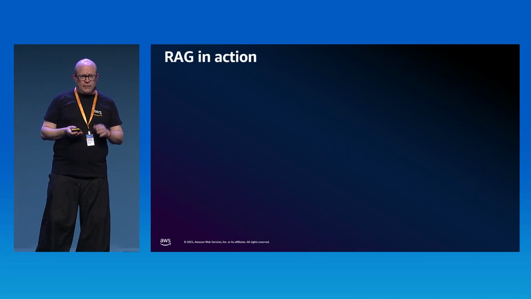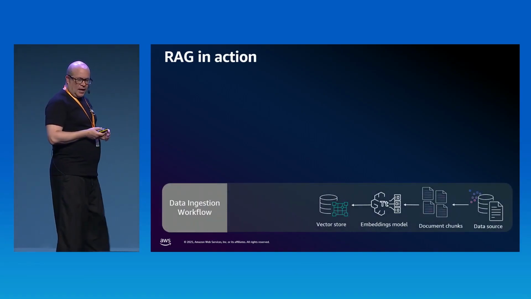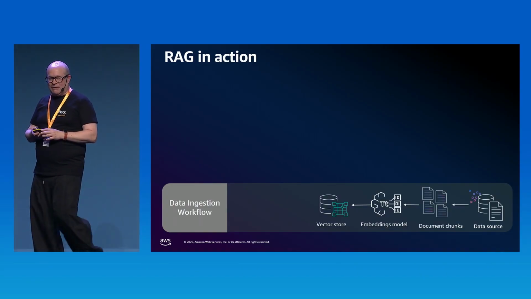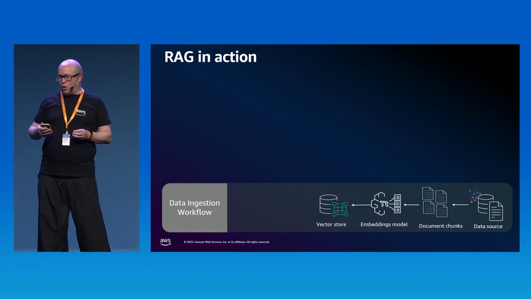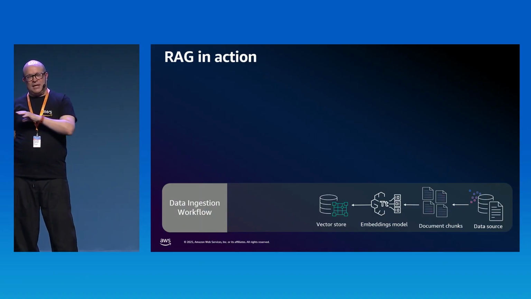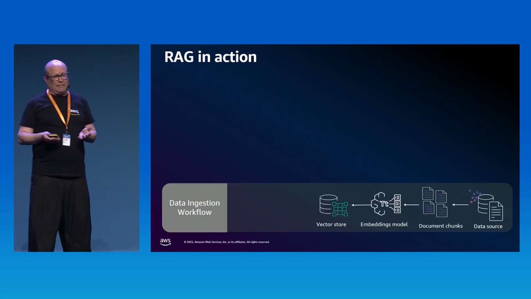I'm going to walk you through how RAG systems work, for those people who aren't familiar. We typically start off with data, in this instance our private gym information. What the data ingestion workflow does is break that document down into a bunch of smaller pieces, which is called chunking.